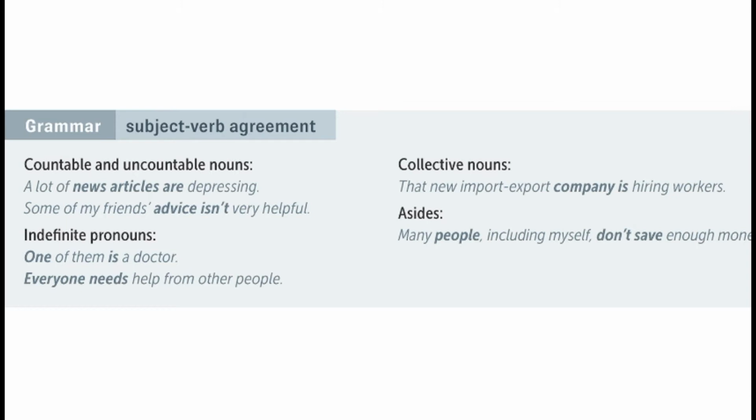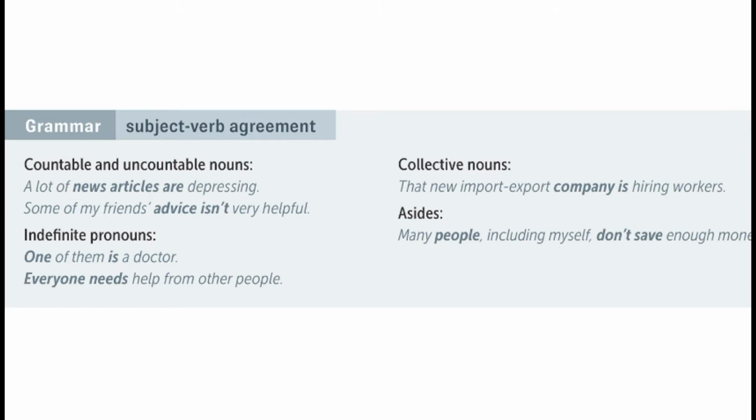Next example, everyone needs help from other people. Here again, everyone as an indefinite pronoun, we agree with the verb in the third person singular, okay? Needs. So remember, all the indefinite pronouns, someone, no one, anyone, something, anything, nothing, everyone, everything, you see? All these indefinite pronouns, we agree with the verb in the singular, right?